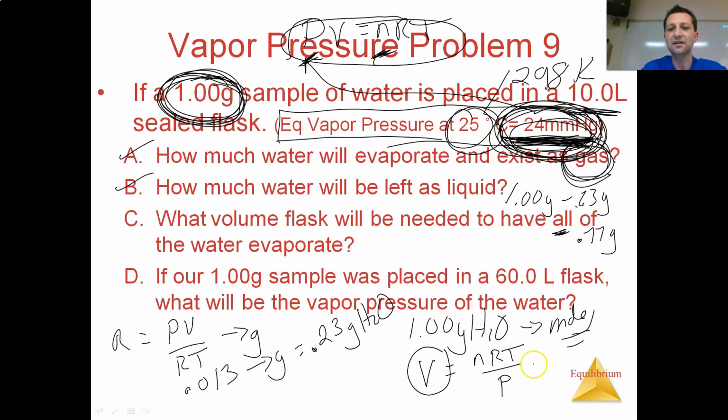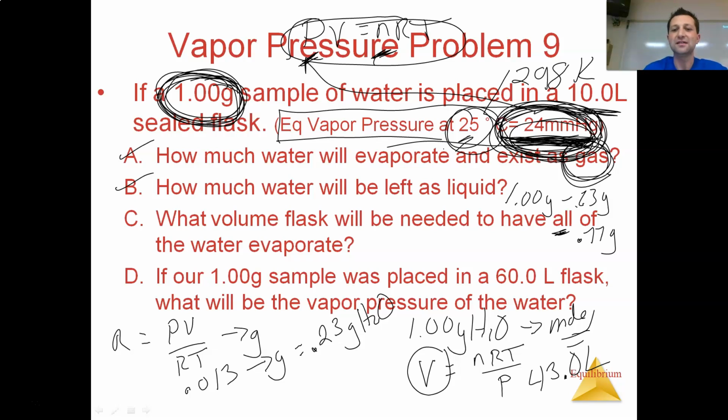Take a second and do it. Solve for V, shouldn't be too hard, and then we'll go from there. When you solve for V, you should end up with 43.0 liters. You need a 43-liter flask to have all of this evaporate into the gas state and still maintain a partial pressure of 24 millimeters of mercury at 25 Celsius or 298 Kelvin.